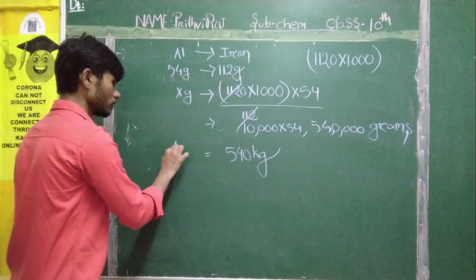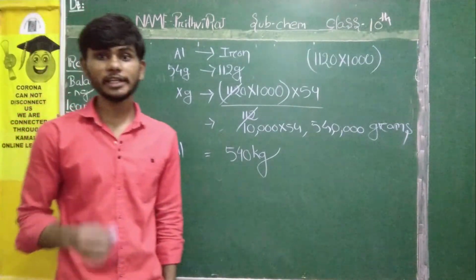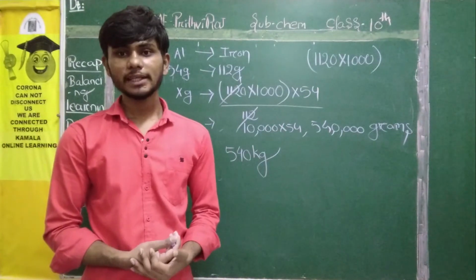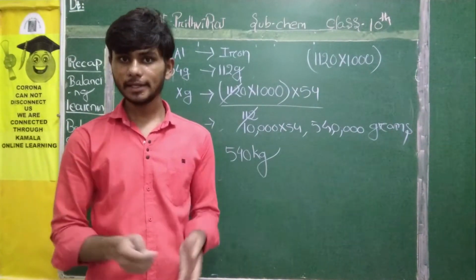So we need 540 kg of aluminium so that we can get 1120 kg of iron.